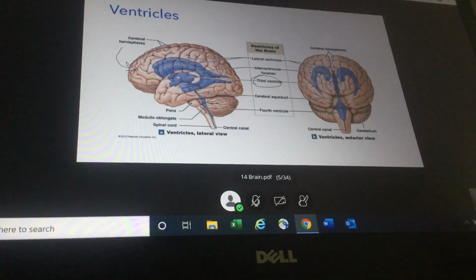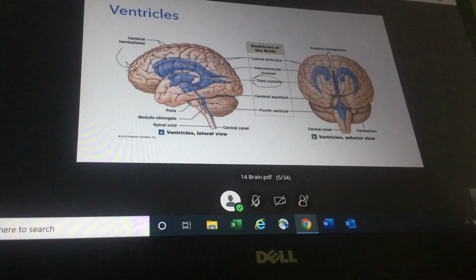that kind of look like, they always remind me of ram's horns. They always kind of remind me of the NFL LA Rams football helmets. So the ram's horns that are the first and second ventricles, called the lateral ventricles.